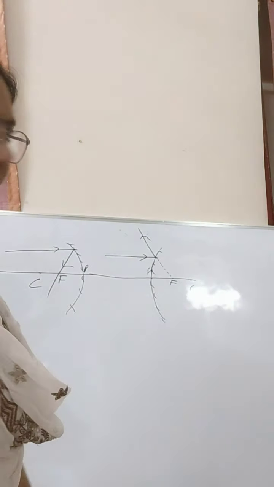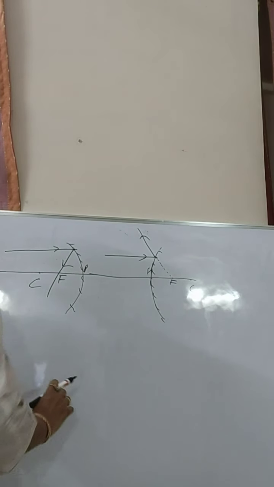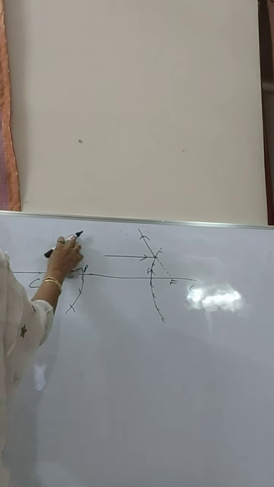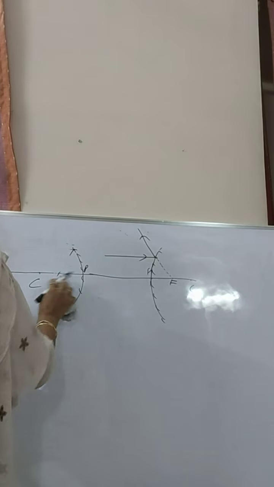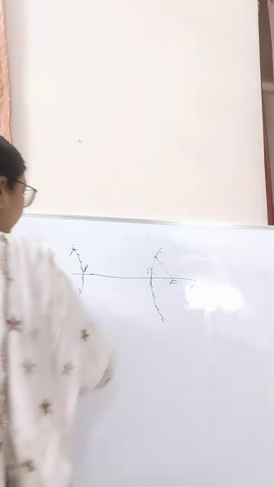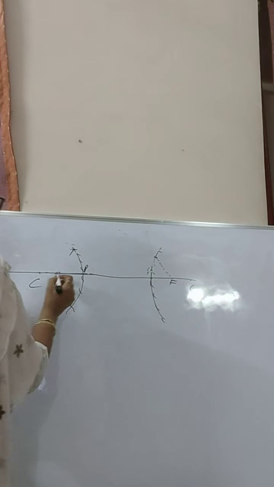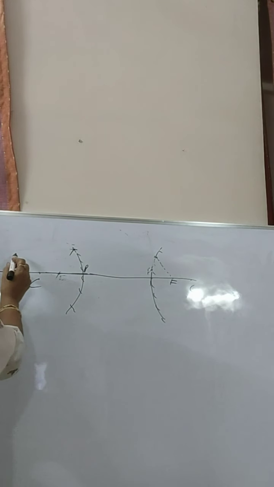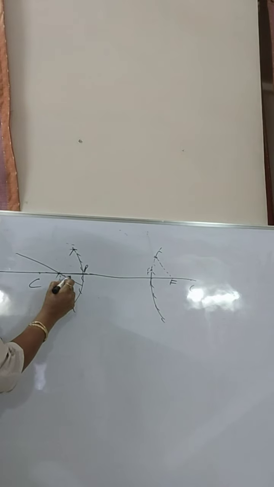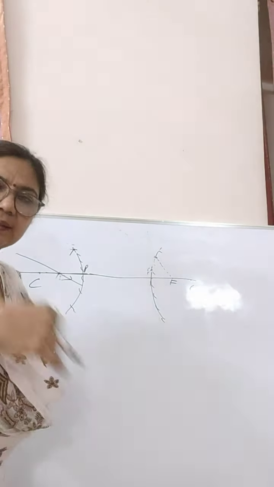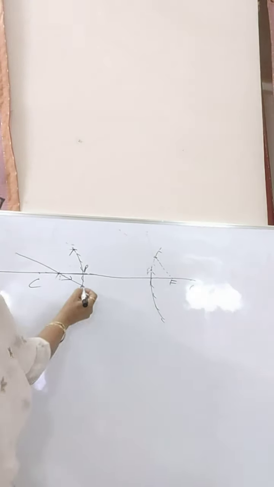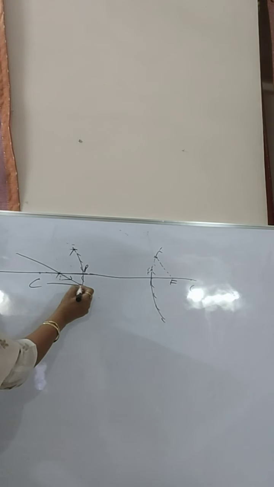Second rule is the ray which is passing through the focus. Suppose it is incident and it is passing through the focus. Then what will happen? When it is passing through the focus, the reverse of that will happen. It will become parallel to the principal axis.